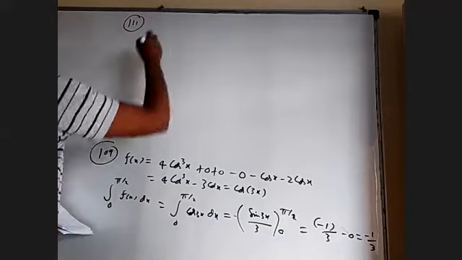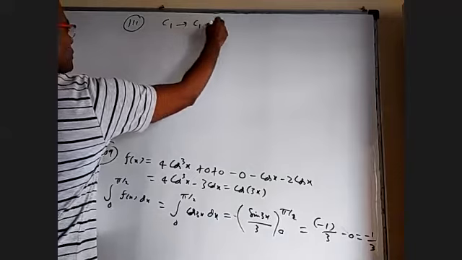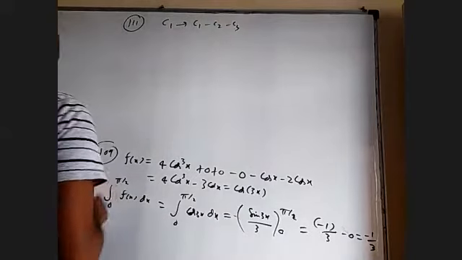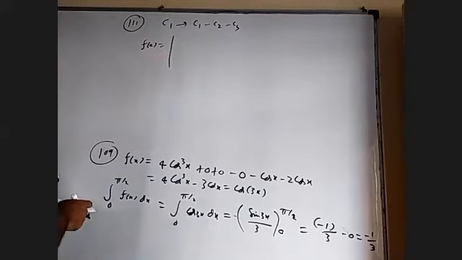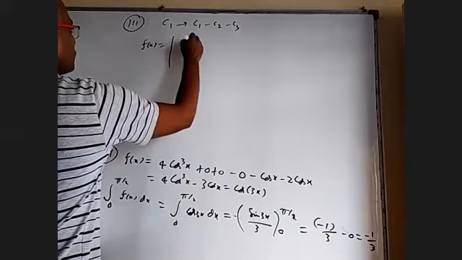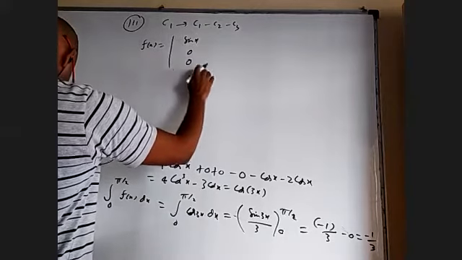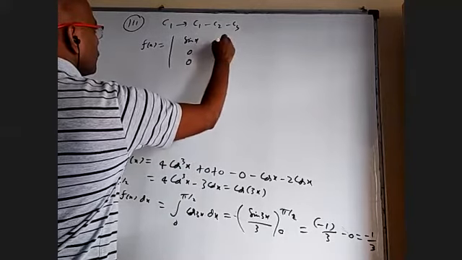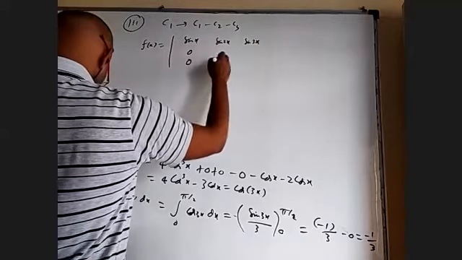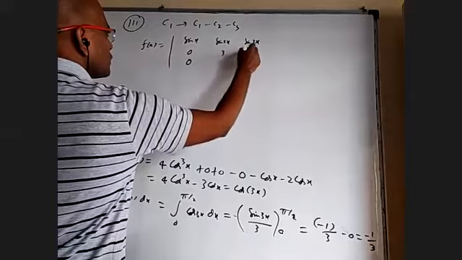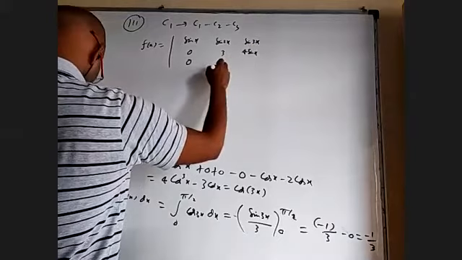So I think I can write column 1 as column 1 minus column 2 minus column 3. Then I'll be getting sin x, 0, 0, and sin 2x, sin 3x, 3, and 4 sin.